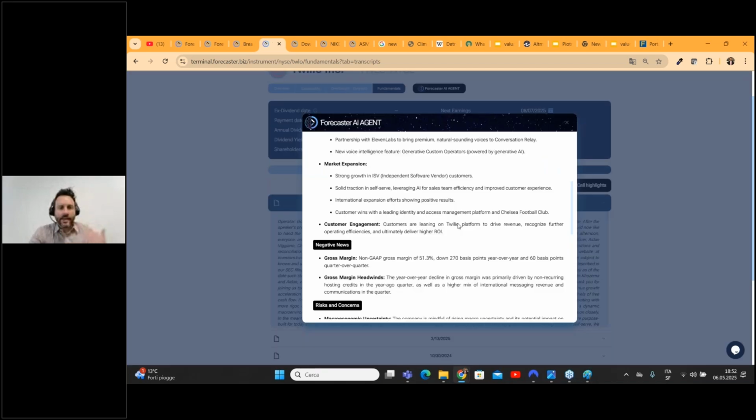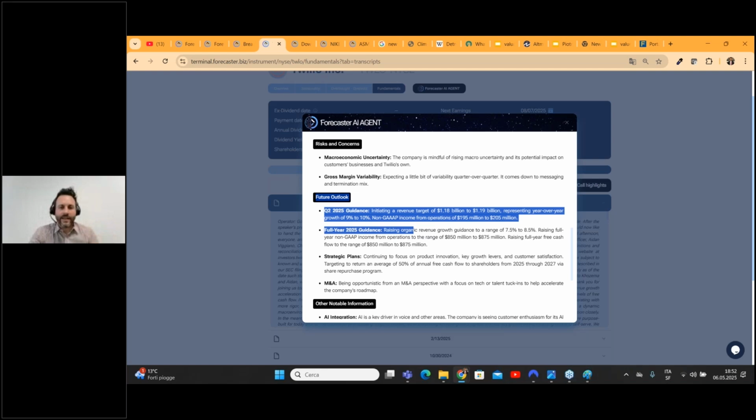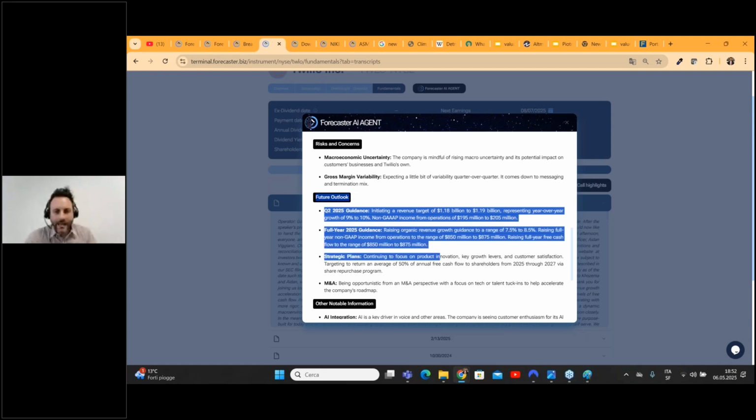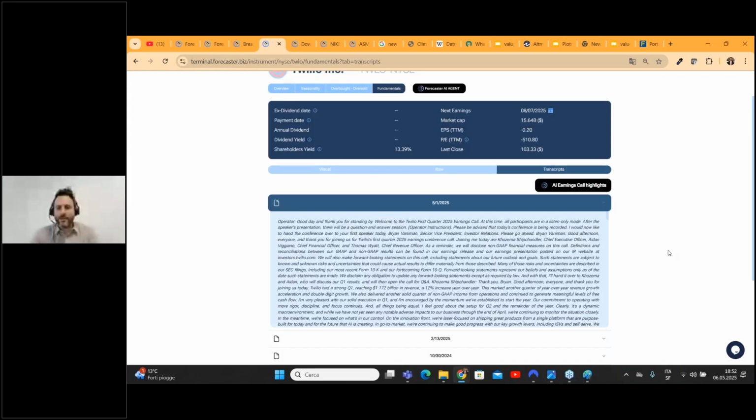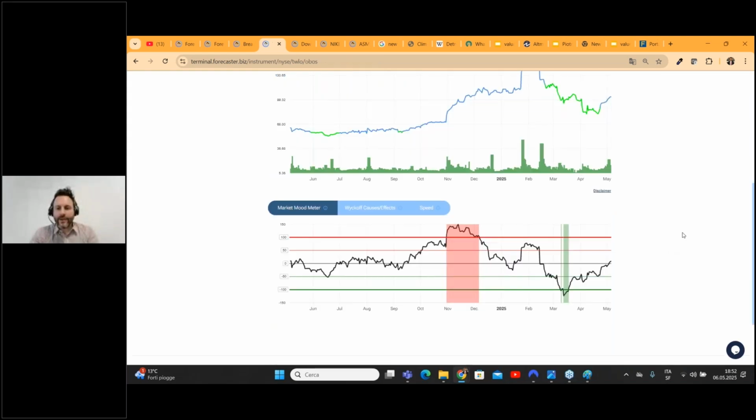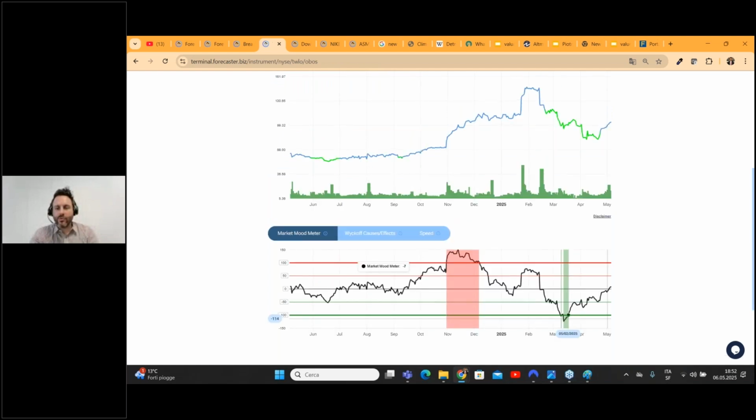Because they have a very interesting future outlook and they are investing a lot in AI for their products and services. Okay. And this is why, for example, I bought the company, because also the overbought and oversold page is telling us that we are very close to a major turning point, probably.